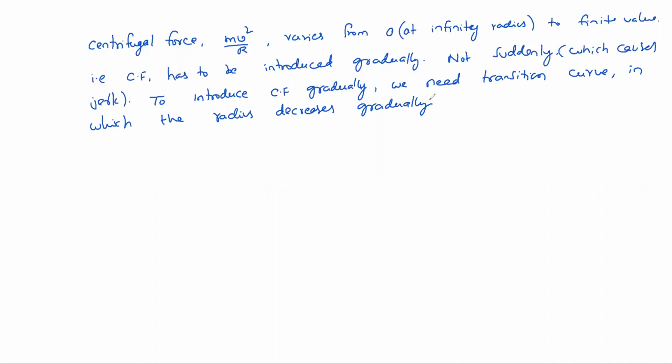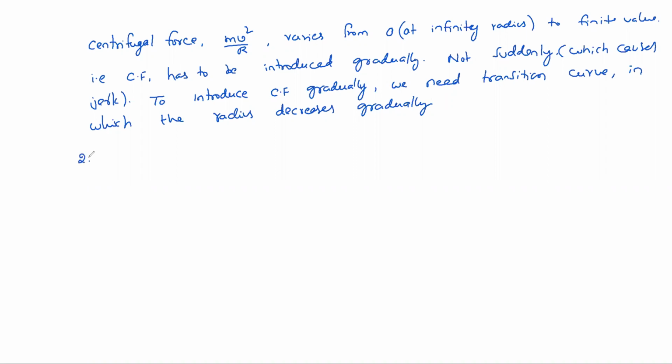As radius decreases, centrifugal force increases, right? So that centrifugal force will be introduced gradually. The passengers won't experience any discomfort. So this is the main function of this transition curve.